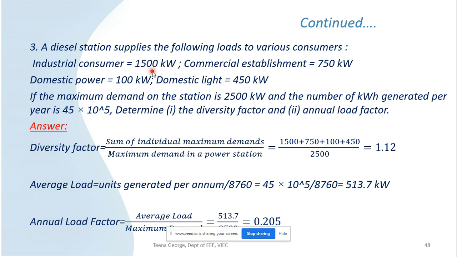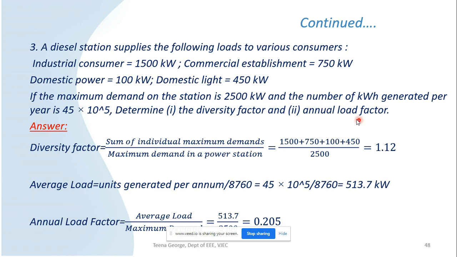So here the individual maximum demand is given for each consumer as 1500 kilowatt, 750, 100 and 450. So it is 1500 plus 750 plus 100 plus 450 divided by the maximum demand on the station, which is also given directly, 2,500. So the diversity factor is 1.12.